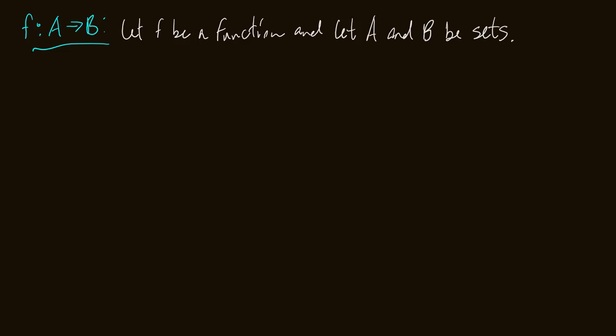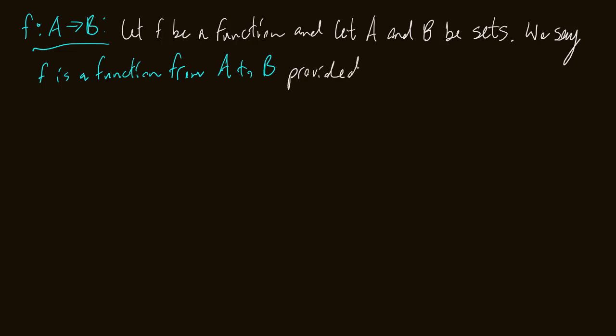We say f is a function from a to b, provided the domain of f is equal to a, and the image of f is not equal to, is a subset of b, right?